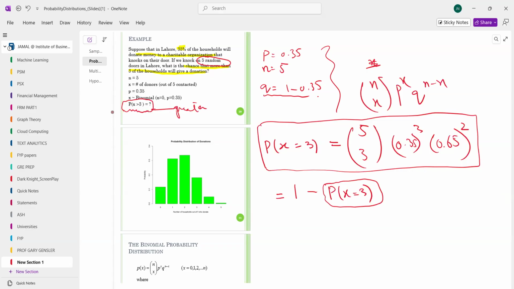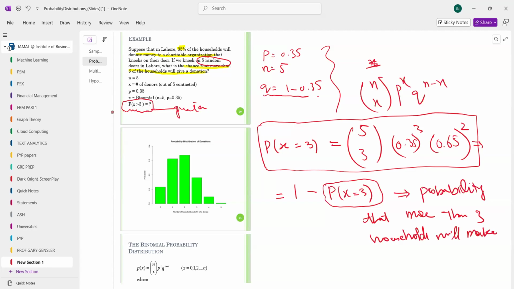So you simply subtract the probability of those 3 households, which you calculate in this manner, from 1, and you will get the probability that more than 3 households will make a donation, because this is what you were interested in.